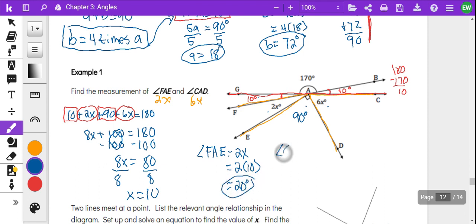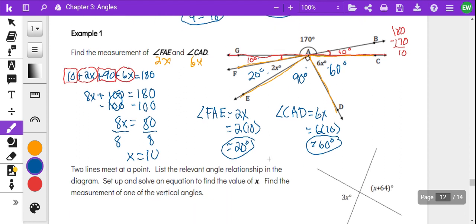And angle CAD is equal to 6x. 6 times 10 is 60. You can label those on your diagram if you would like. If I had 10, 20, 90, and 60, that is going to get me to 180.